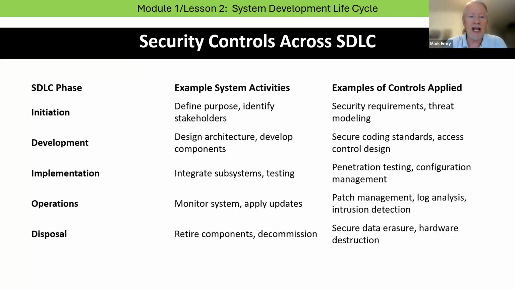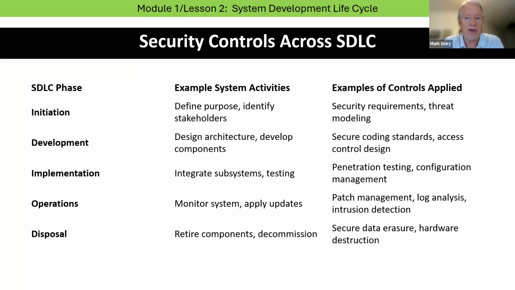In the initiation phase, again, we want to define the purpose, identify stakeholders, and document high-level requirements. The controls then are security requirements definition and early threat modeling. In the acquisition phase, we want to design system architecture and develop and test components.